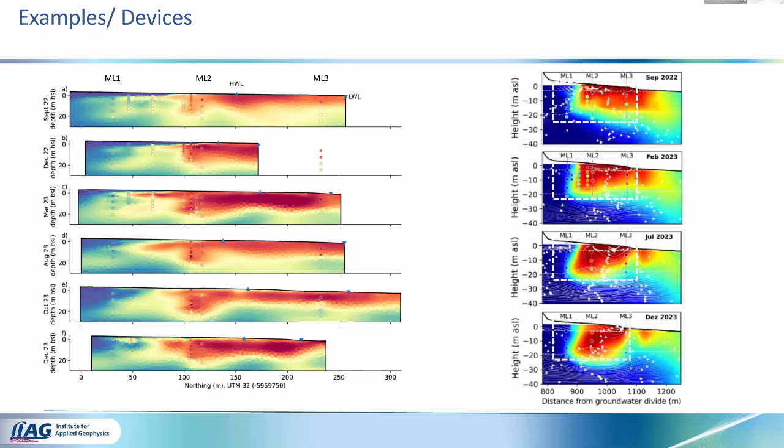If you compare what you get in geophysics and from this modeling, you get quite similar results. Another task is to put this data into the modeling, but that's future work. So using geoelectrics, you can get quite good imaging of a salinity distribution, in this case at the beach.